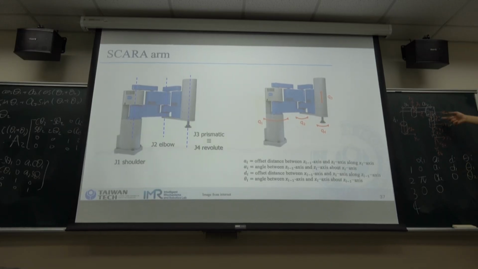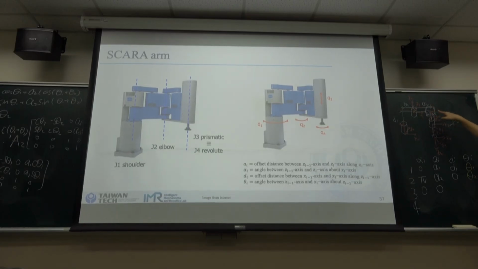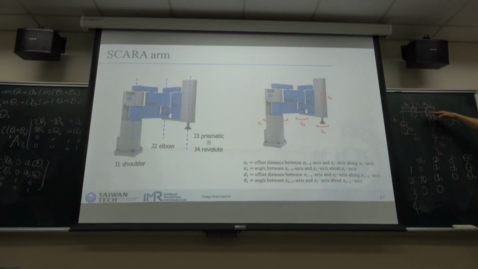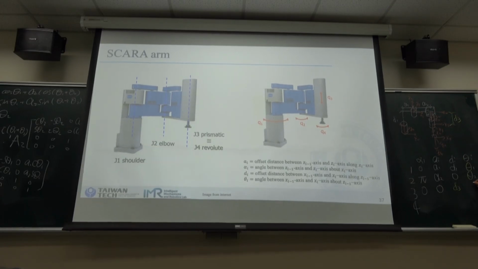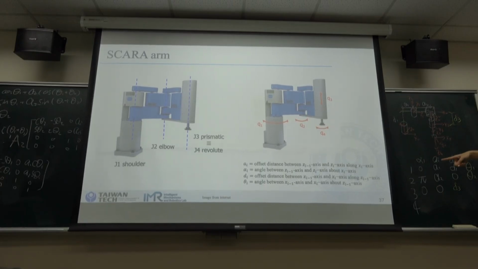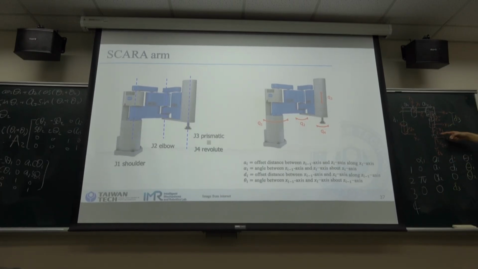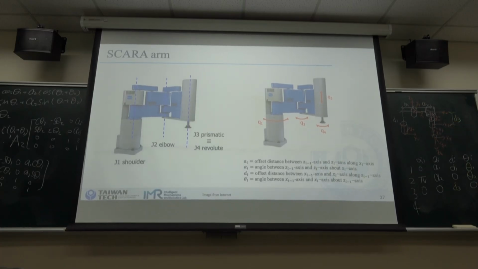And if you remember, this one is a prismatic joint, so d3 is a variable. And theta is the difference between the two x axes, and it's 0. Because this one is a prismatic joint, here we don't have a variable.